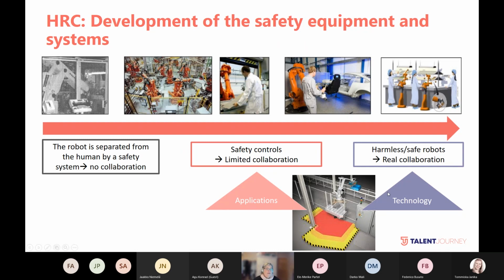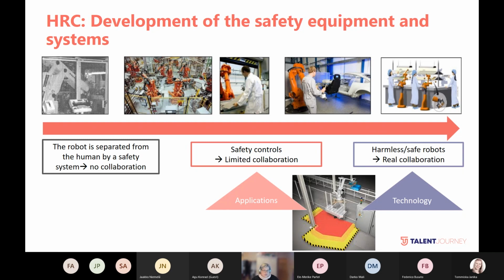But when we are talking about collaborative robots, we don't just mean an application surrounded by a collaborative safety solution, but we are really talking about safe and harmless robots that allow the robot to actually work in the same space as a human.